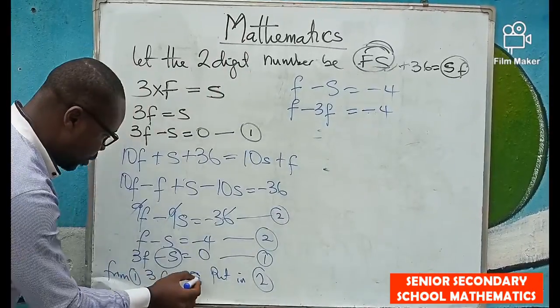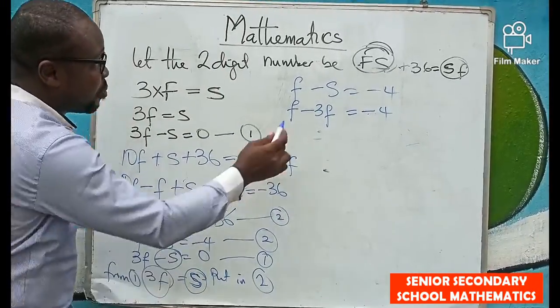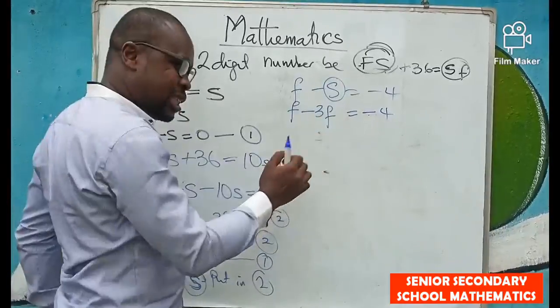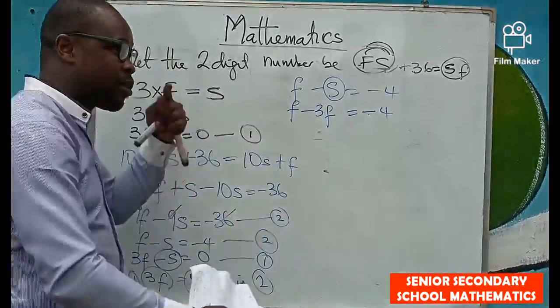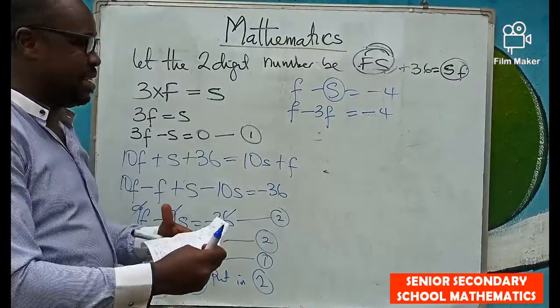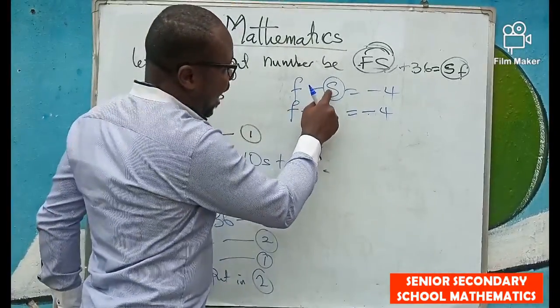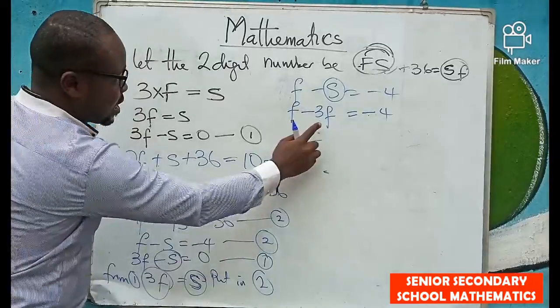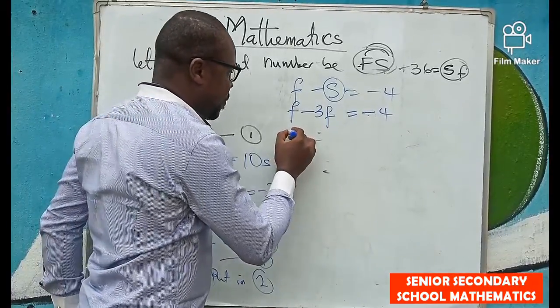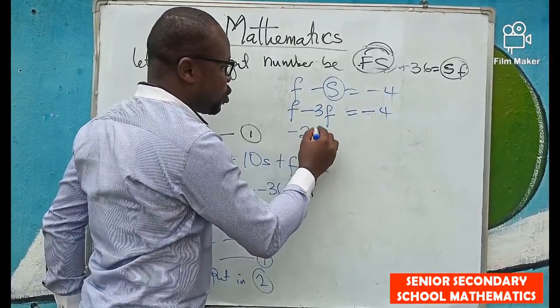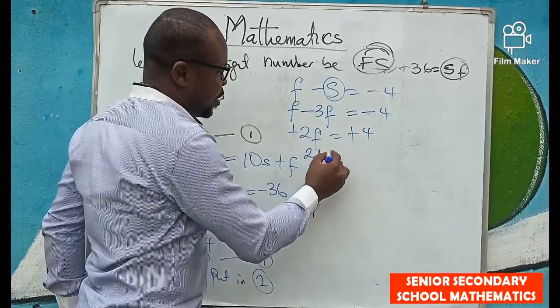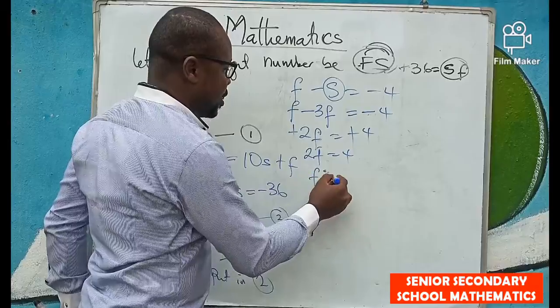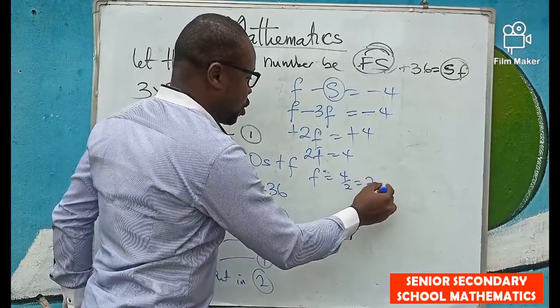Notice that here we said S is equal to 3F, so I remove this S and put 3F. I am supposed to solve this very fast, but I'm taking my time to analyze the steps again and again. Now F minus 3F gives us minus 2F is equal to minus 4. Dropping minus and minus, we have 2F is equal to 4, meaning that F is equal to 4 over 2, which is 2.